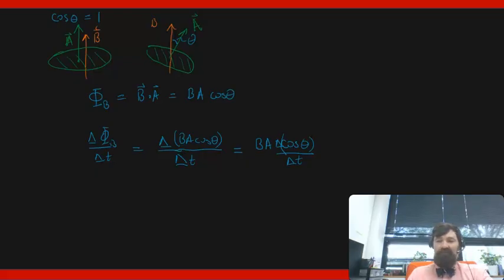Well, this then becomes B times A times delta of basically cosine omega t.